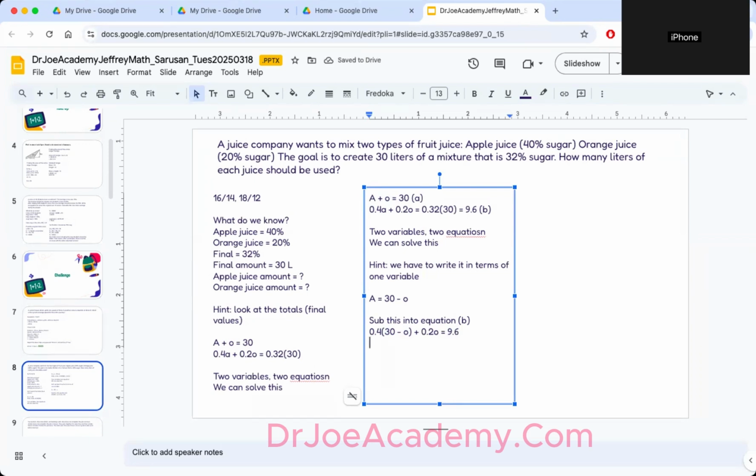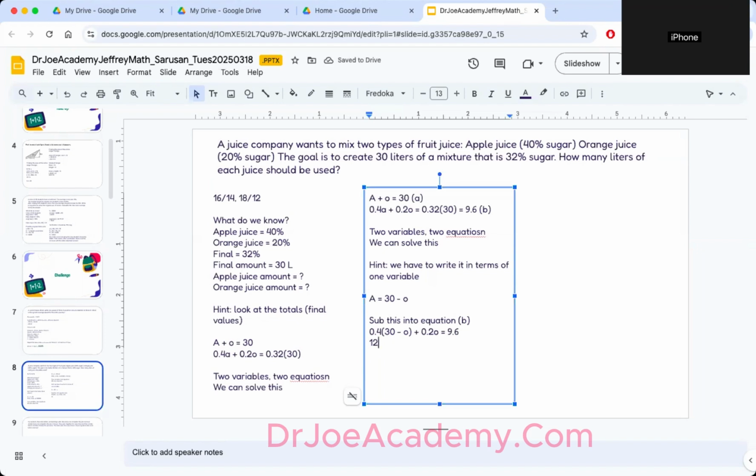How do we solve for O? No, this is the part where I have no idea. Wait, you have to do the distributive property. Yep, perfect. I'm going to use a calculator for this. 0.4 times 30 is 12.